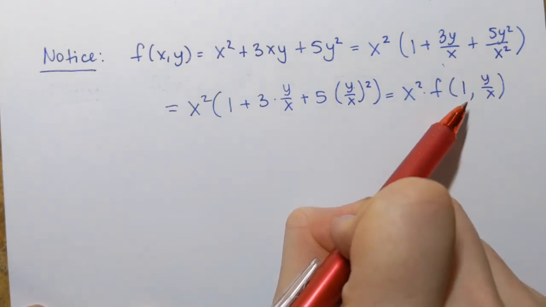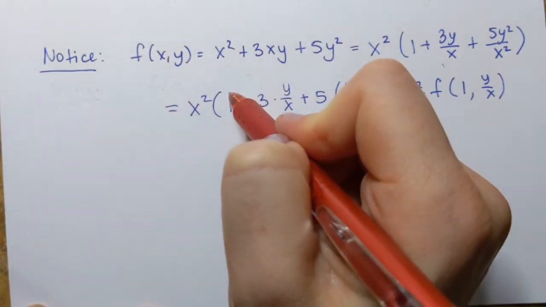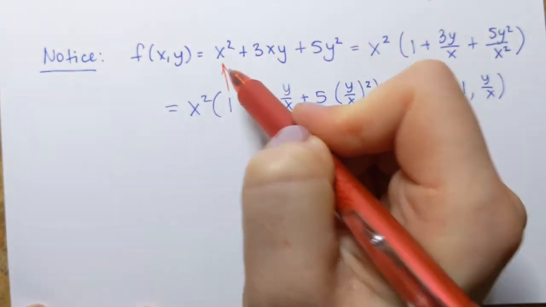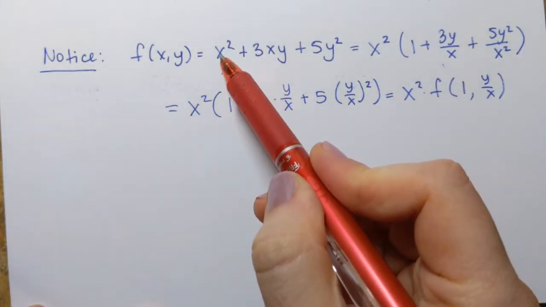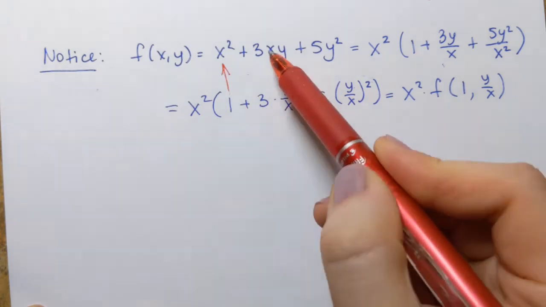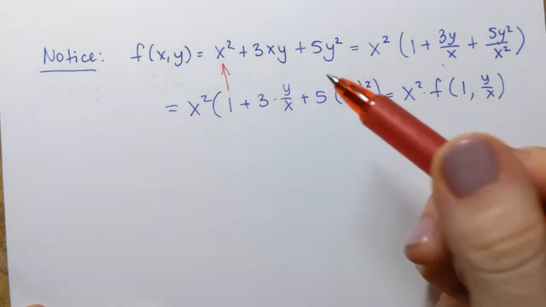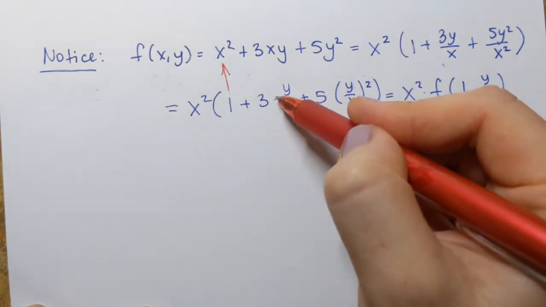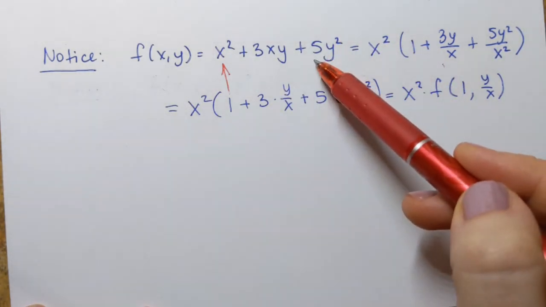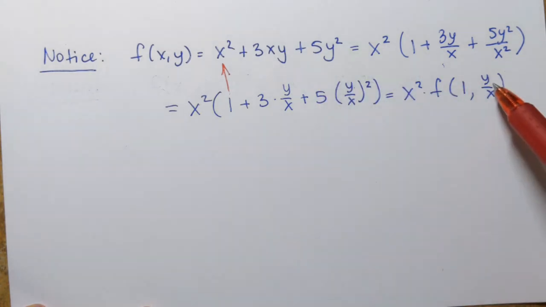If x is replaced with 1, then if I plug in 1 here, it's going to be 1 squared, which is 1. If I place 1 here, it will not show up here. That's why I don't see it. And there is no x in the last term. But then we're also saying that y is replaced with y over x.